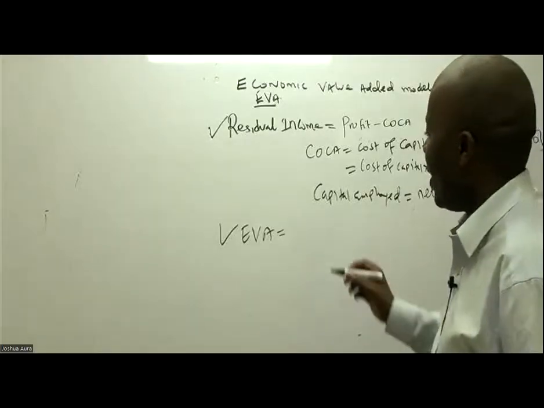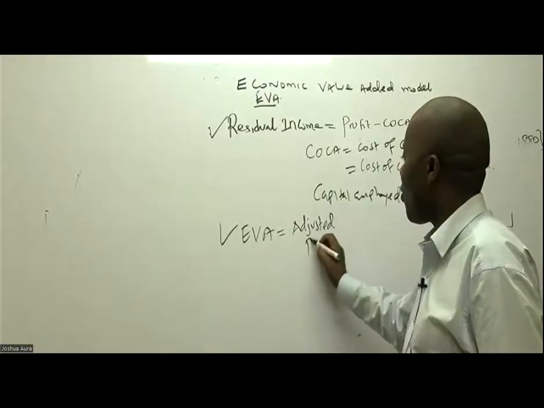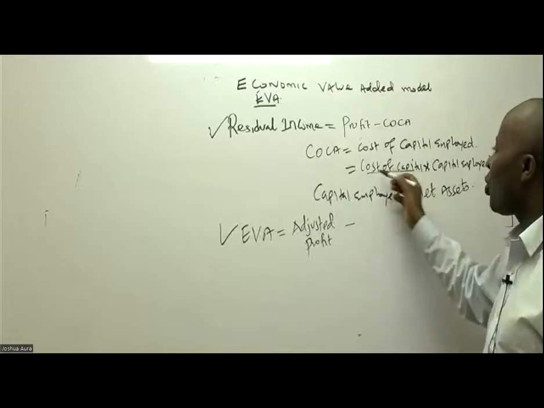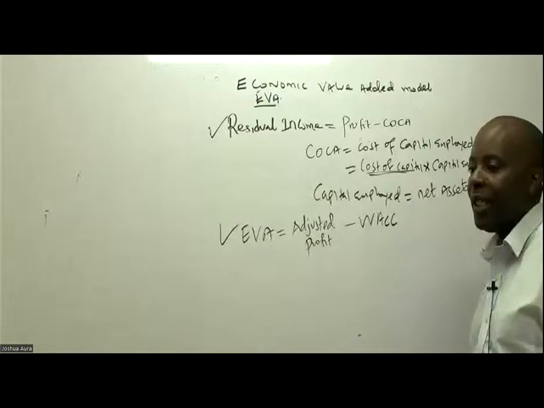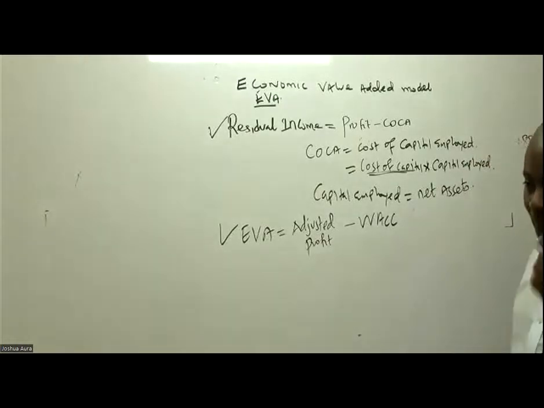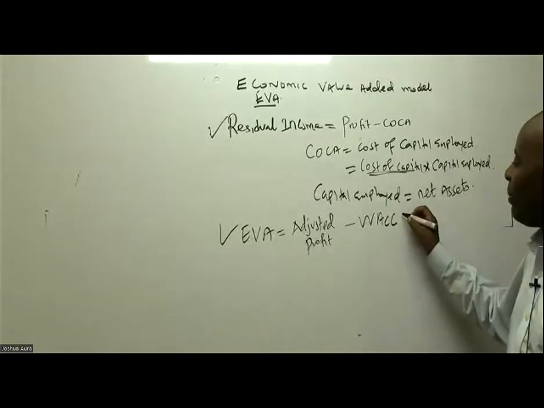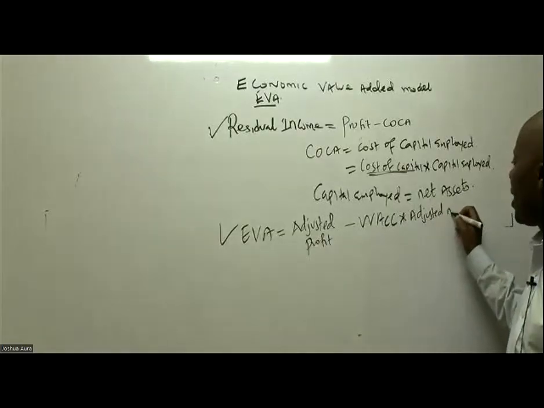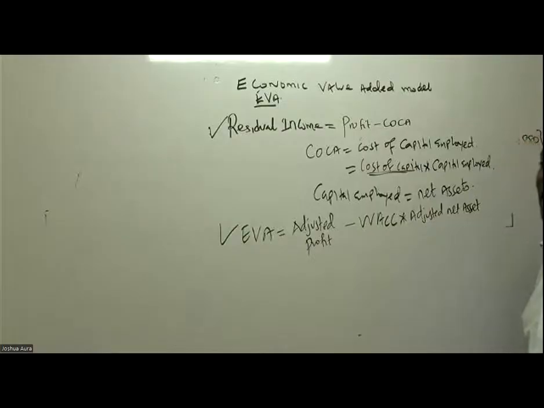So EVA will be adjusted profit minus, instead of cost of capital, we prefer using WACC, unless they don't give us WACC. So it shall be WACC times adjusted net assets, or adjusted capital employed.